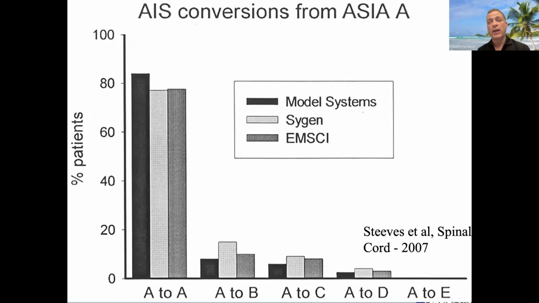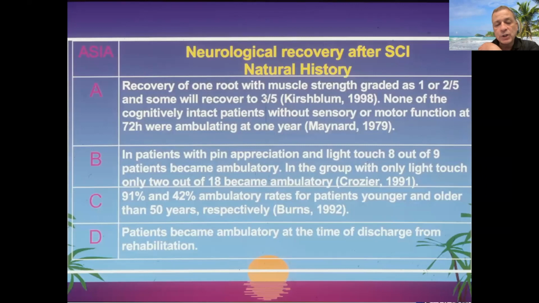So the reason why that becomes difficult is that any treatment that you plan, you've got to understand that there'll be maybe a natural history of some recovery. So any drug or treatment that you suggest has to be better than the natural history.